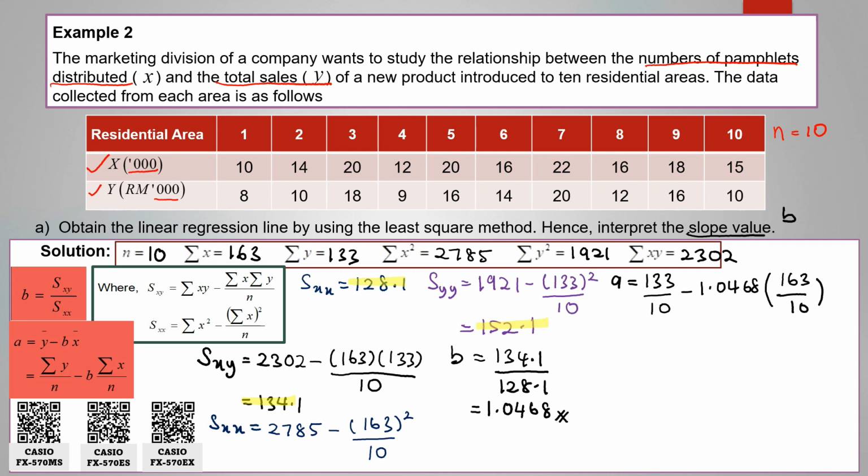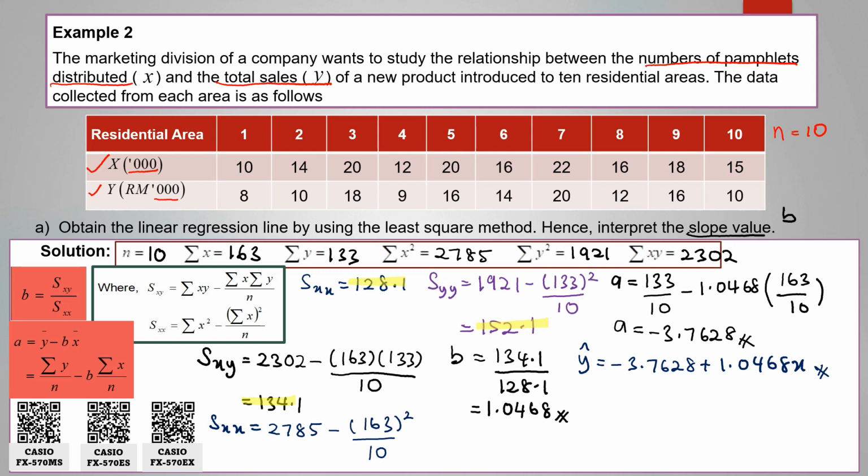Press your calculator correctly and you will get a equals negative 3.768. So this is the value of a. Then put the values of a and b into the linear regression line: Y hat equals negative 3.768 plus 1.0468x. Don't forget x.